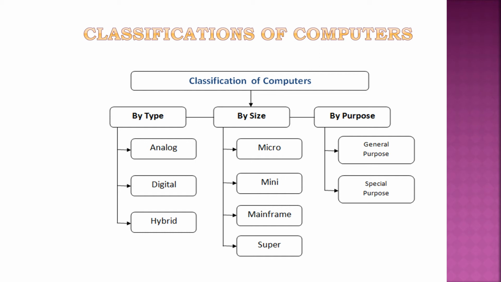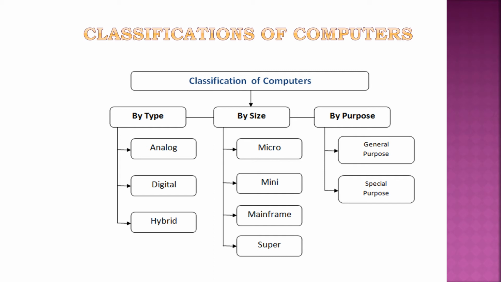By type, we have analog computers, digital computers, and hybrid computers. By size, we have microcomputer, minicomputer, mainframe computer, and supercomputer. By purpose, we have general purpose and special purpose. Now we'll see in detail one by one.